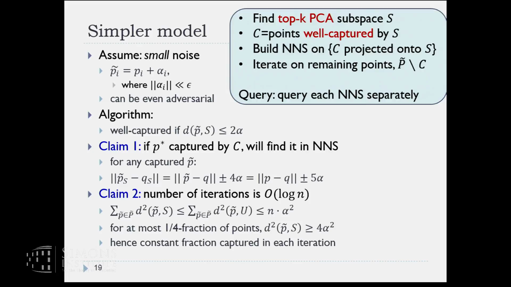Okay, so if you look at what happens in S, it's very similar to what happened in U, and in U everything was fine. So up to these small errors, which are smaller than epsilon, this is fine. And then the second argument is that the number of iterations is logarithmic. This really needs to show that the number of well-captured points is half or so of the points.